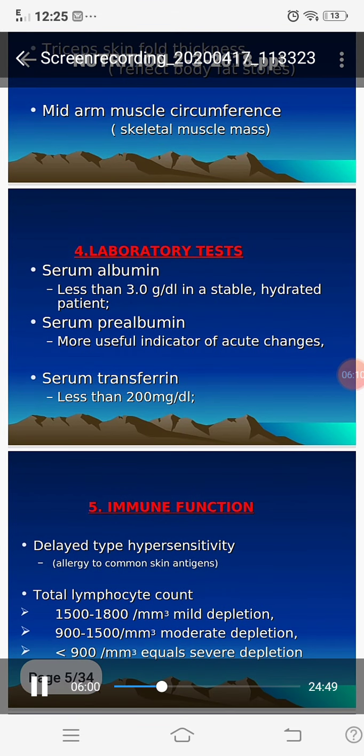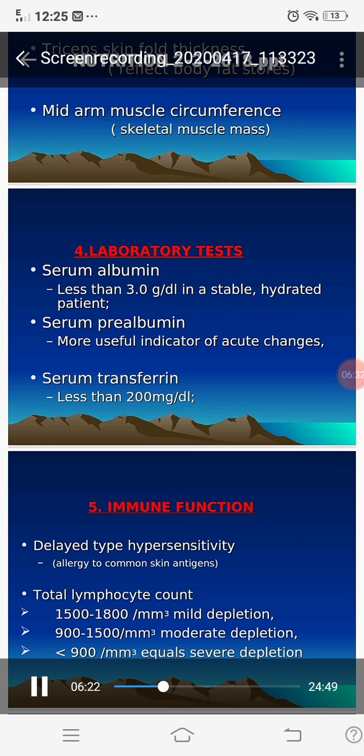The fifth one is the immune status or immune function of the patient. As you have already heard in pathology, delayed type hypersensitivity is the most common type 4 hypersensitivity and mostly occurs due to allergy to common skin antigens.